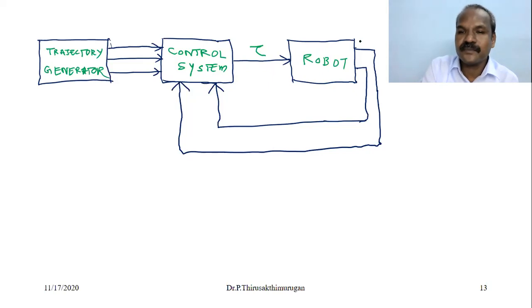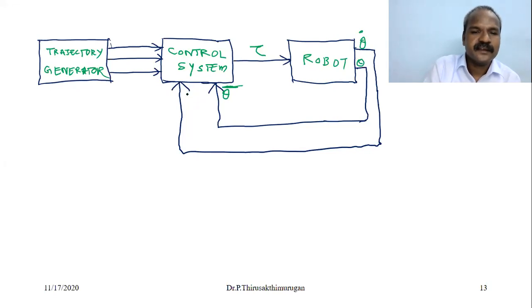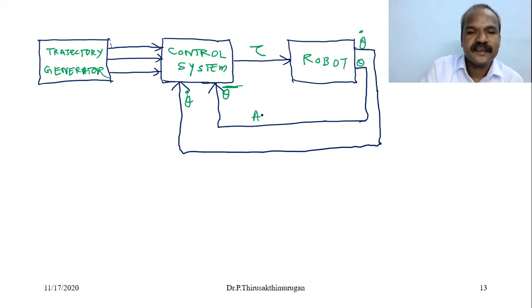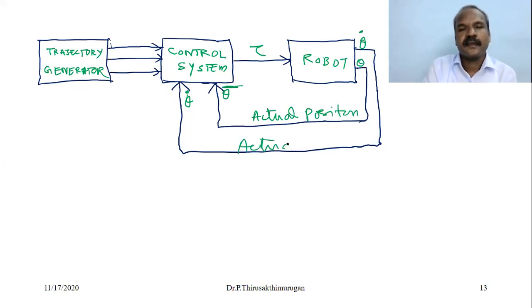What is the output from the robot? Theta dot, theta. Sorry, you can take it either way. Theta is the actual position, and theta dot is the actual velocity. So this is the actual position. This is the actual velocity.